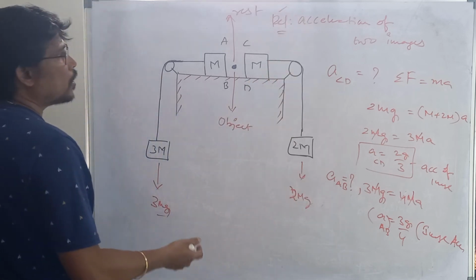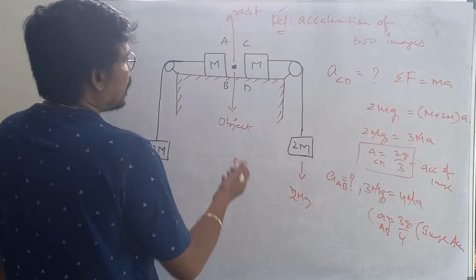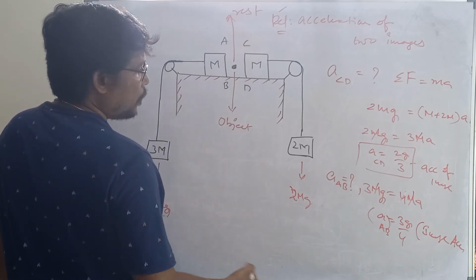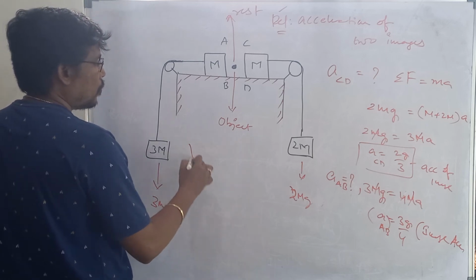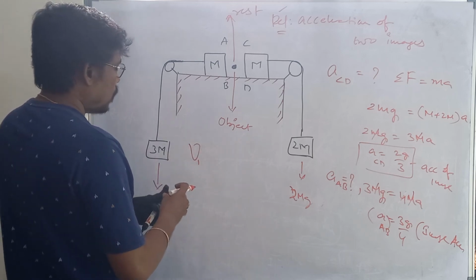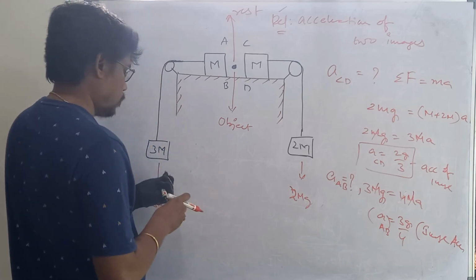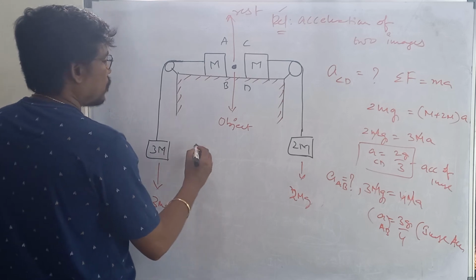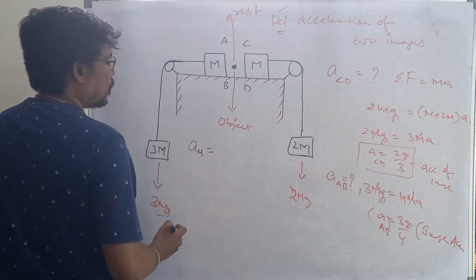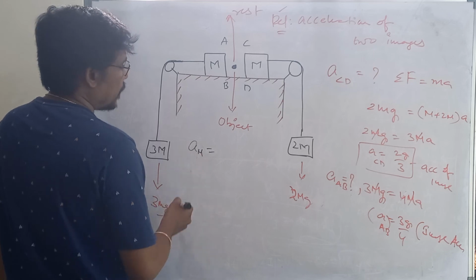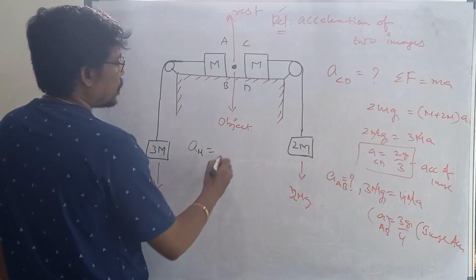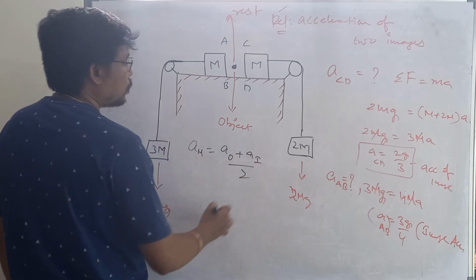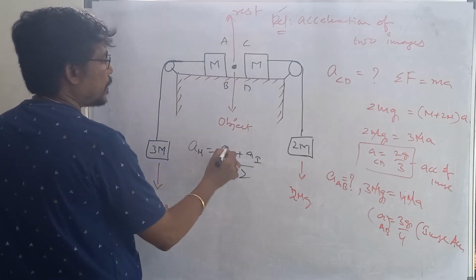The object is at rest, and we are finding the image acceleration. Already you know the acceleration of the mirror is equal to the acceleration of the object plus the acceleration of the image, divided by 2. The acceleration of the object is at rest, so this is 0.